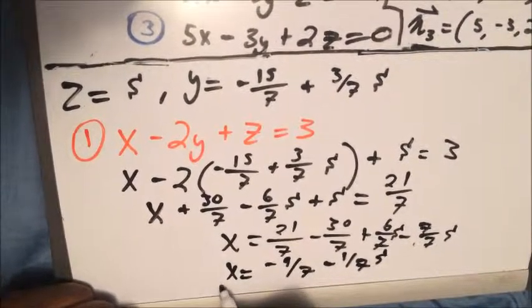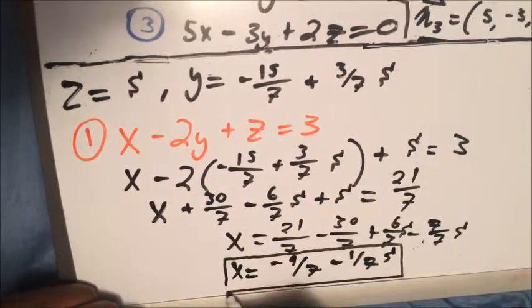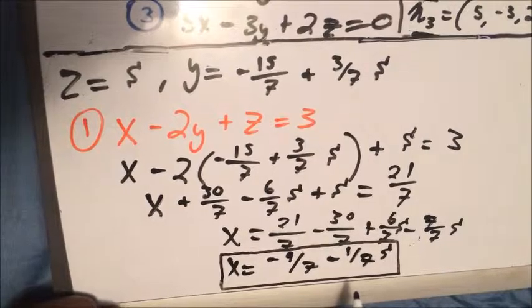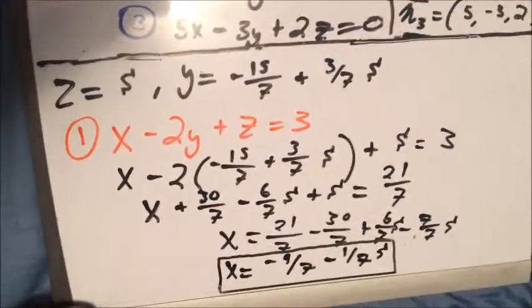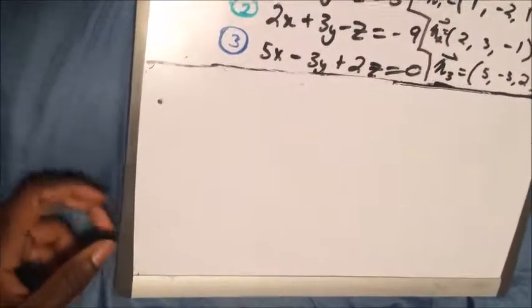So this is our new value of x right here. x equals negative 9 over 7 subtracted by 1 over 7s. Our values of x, y, and z in terms of the parameter s.